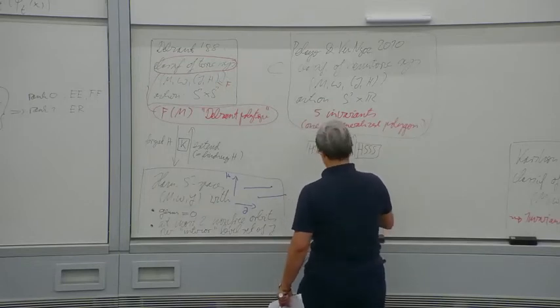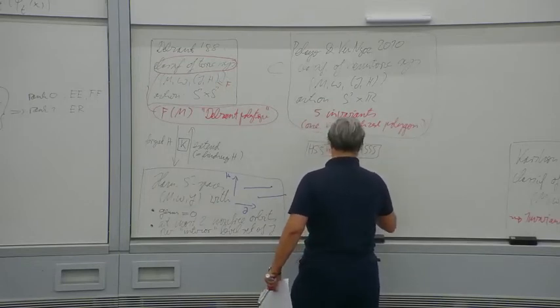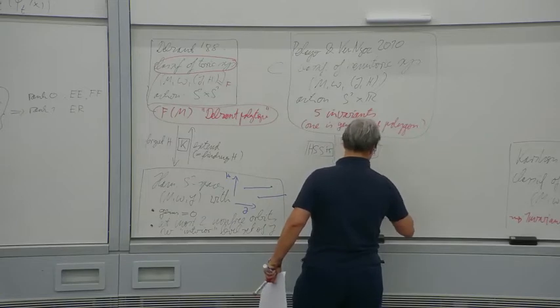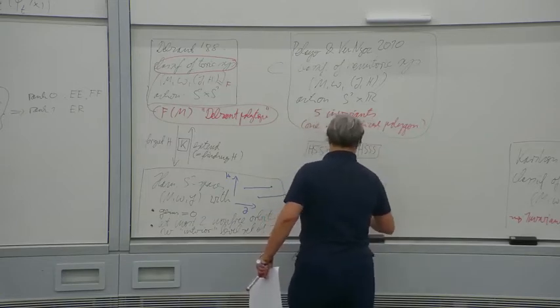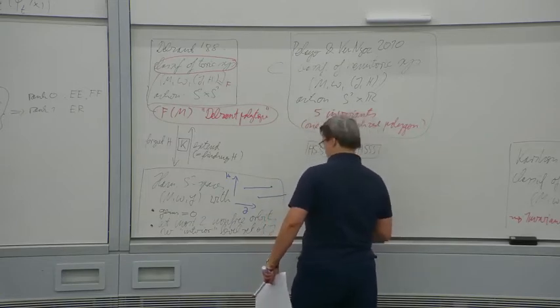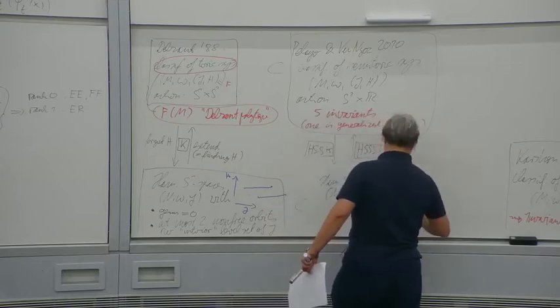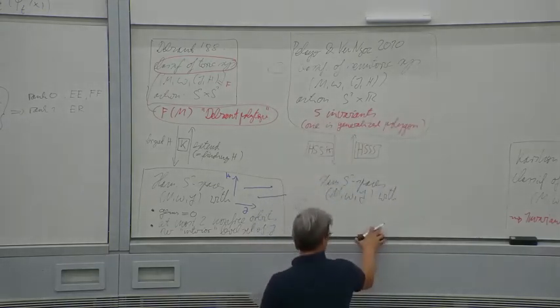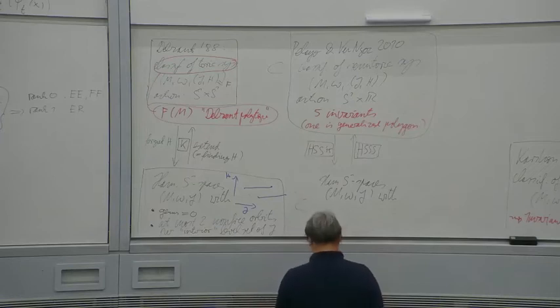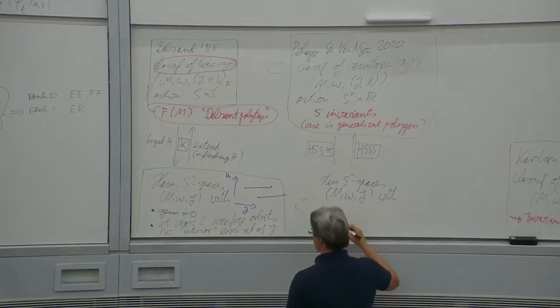So we have here Hamiltonian S1 spaces (M, omega, J). With the genus, it's the same thing. Also, all possible fixed surfaces can only have genus 0.